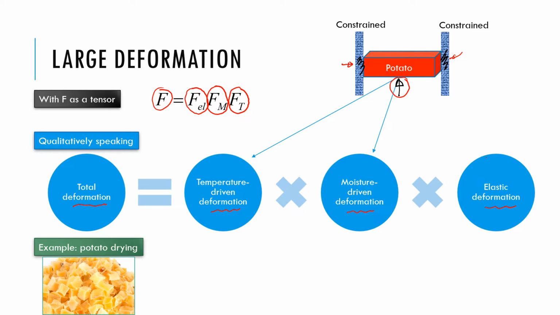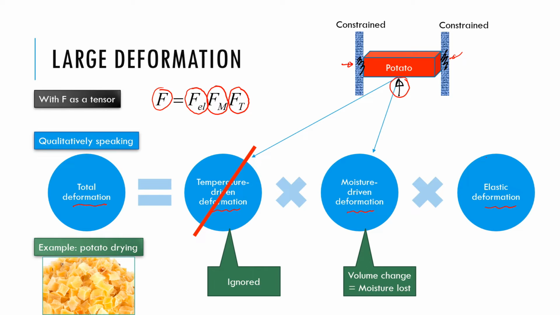So in potato drying, this temperature-driven deformation is probably going to be small. Nobody has done detailed studies, but it's most likely to be true in comparison with moisture-driven deformation. So this is ignored not just in drying, in almost all studies that I am aware of, temperature-driven deformation is ignored. We do have the moisture-driven deformation, and the interesting part of this moisture-driven deformation is we enforce it.